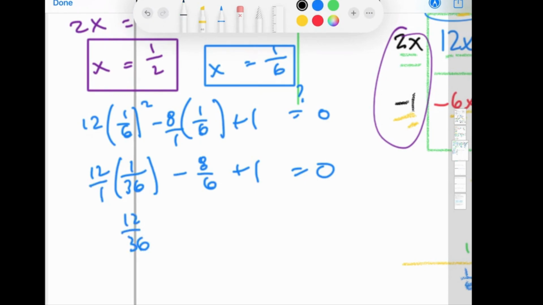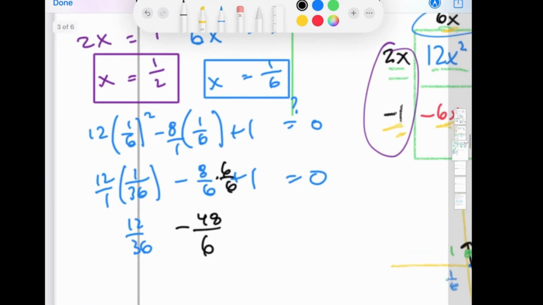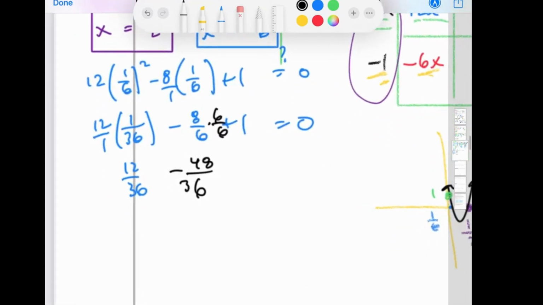I'm going to multiply this one by 6/6 so that I can get negative 48/6 over 36. No, something's wrong. No, that's right. 12, negative 48 is negative 36/36, which is negative 1. And negative 1 plus 1 equals 0.